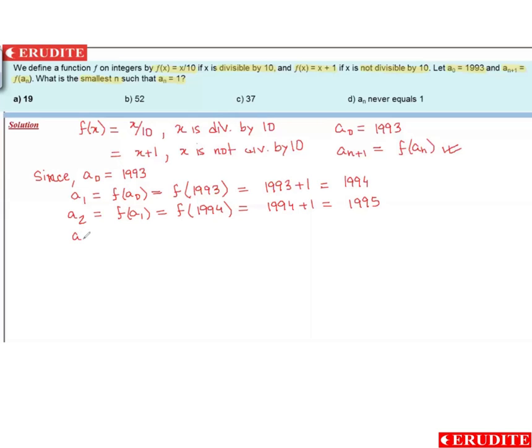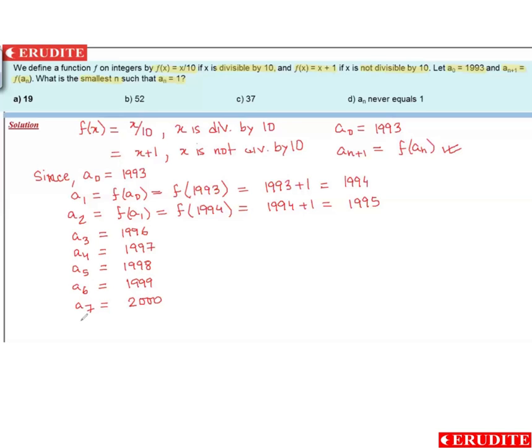Similarly, a3 would be 1996, a4 would be 1997, a5 would be 1998, a6 would be 1999, and a7 will be 2000, right?